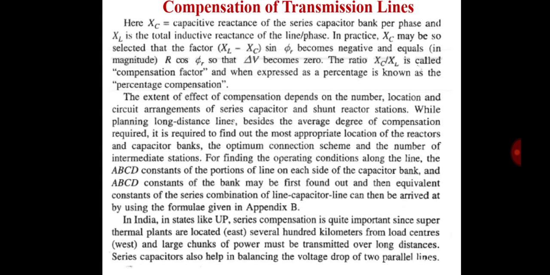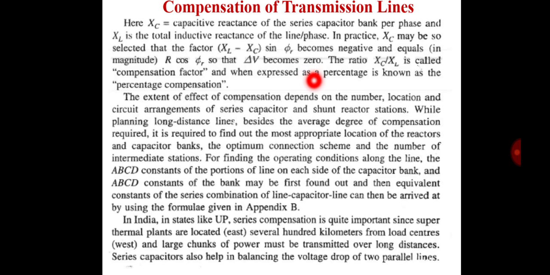Okay, that means we choose the XC. The value depends on the value of XL. Okay, so R cos phi R, so that delta V becomes 0.